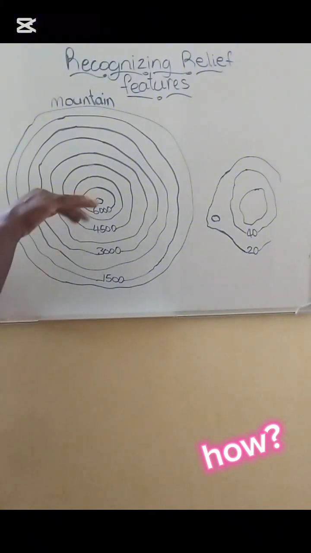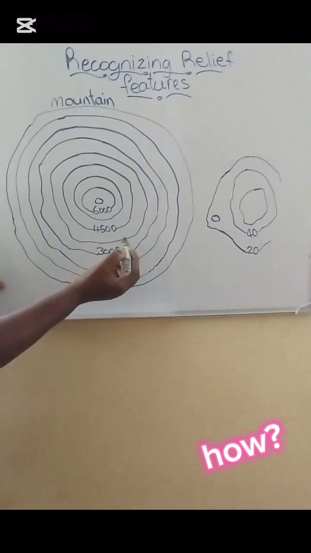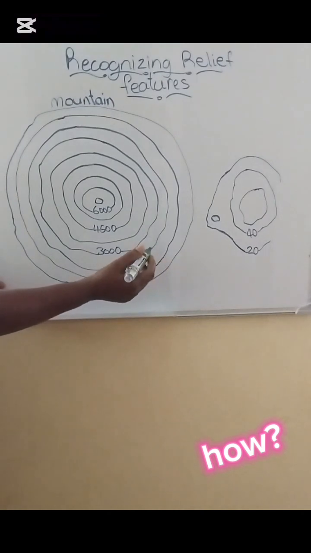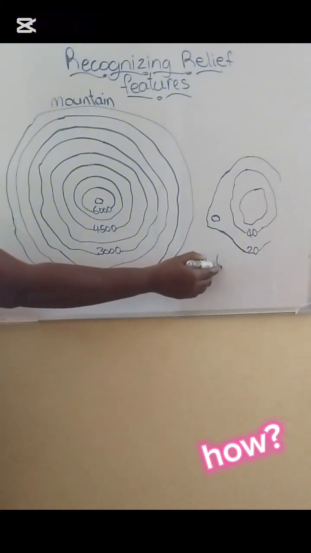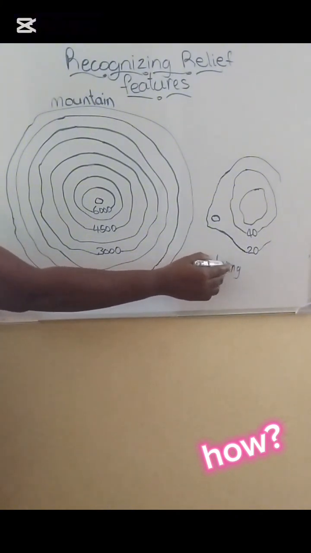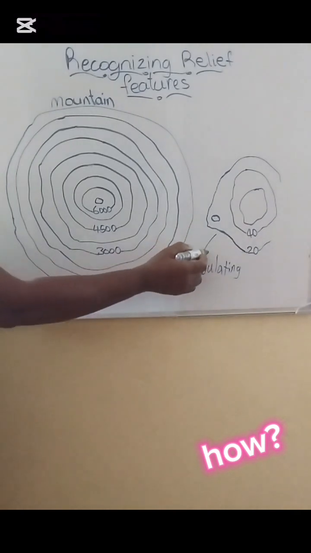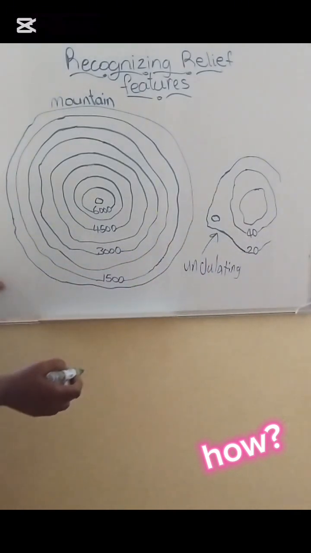Yes, up and down slope, we describe it as undulating.